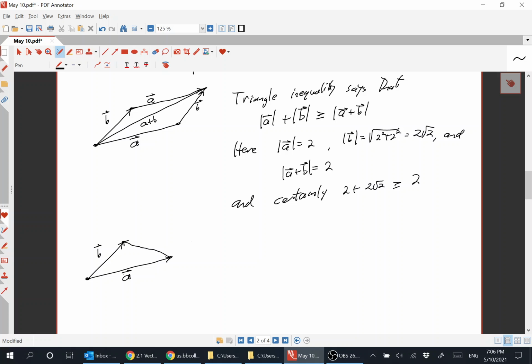What's that vector that stretches from here to here? Well, a plus whatever this is, a plus question mark should be equal to b. So what's the question mark going to be in terms of a and b? Just solve it. Is it b minus a? b minus a.